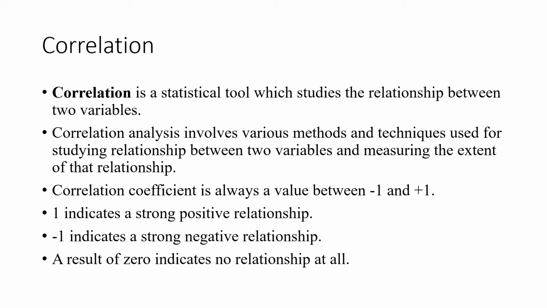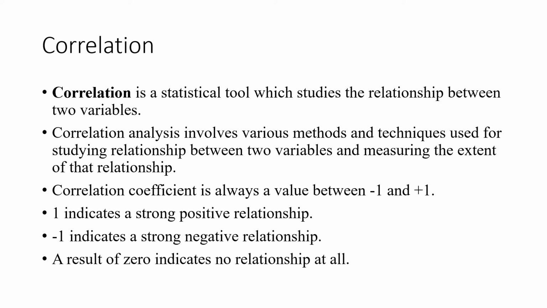Sometimes, as the price increases, demand for the product also will increase. Sometimes, in some other cases, as price increases, demand for the product will decrease. In the first case, price and demand are positively correlated, and in the latter case, there is negative correlation.